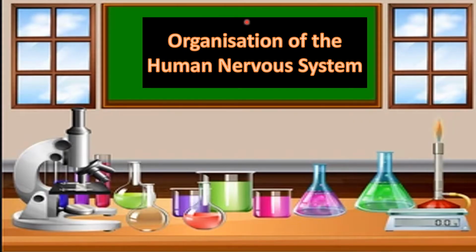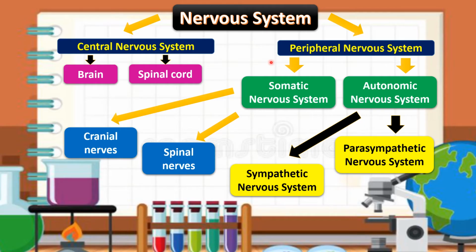Okay, so next we have the organization of the nervous system. The nervous system is divided into two: the central nervous system and the peripheral nervous system. The central nervous system, or the CNS, is composed of the brain and spinal cord, while the peripheral nervous system, or the PNS, is divided into two.